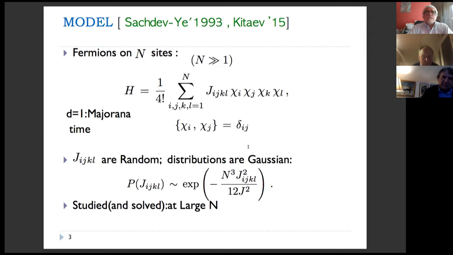This would be a random average. And in that sense, it differs from other models that we have studied in this large N string duality. And the physical meaning in that context of this random coupling and its averaging is not quite understood yet.